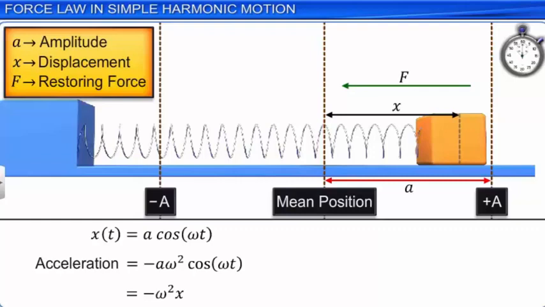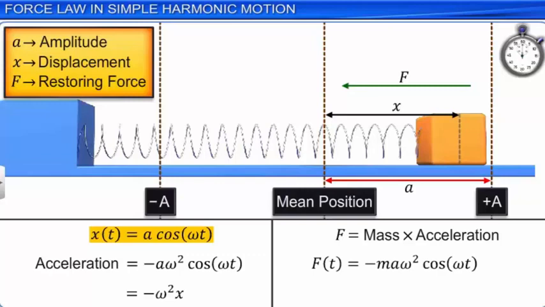Using the relation force F equal to mass into acceleration, we get the equation for the force on the body of mass m in simple harmonic motion as F of t is equal to minus m a omega square cos omega t, which is equal to minus m omega square x. Let this be equation 1.